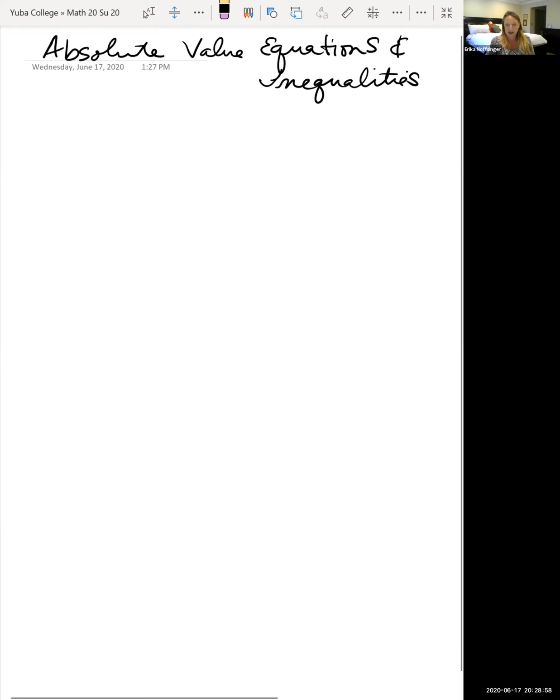Okay, so absolute values are notated by those two vertical bars surrounding whatever you're taking the absolute value of. So for instance, if you took the absolute value of 5, what do we get back? If we took the absolute value of -5, what would you get back?